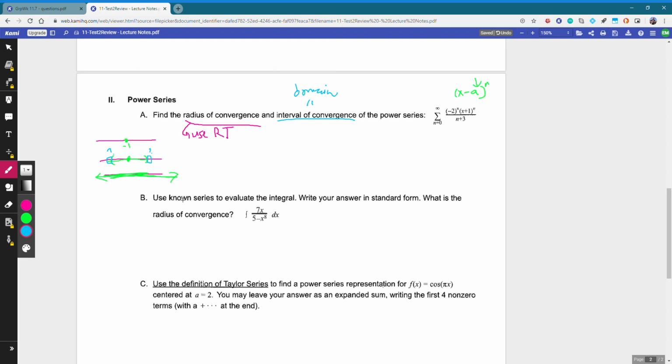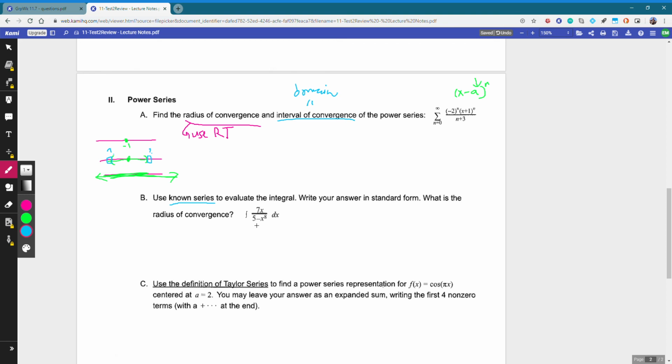All right, looking at B, we're wanting to use known series to evaluate the integral. Write your answer in standard form. What is the radius of convergence? And so what stands out to me first of all is that we're asked to use a known series here. So we have our 6 functions that we know how to write as a power series.